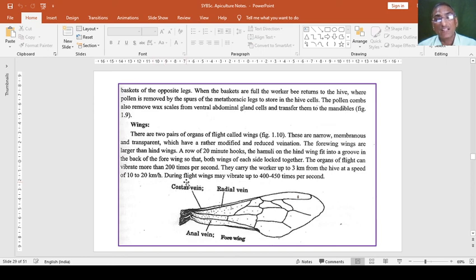And during flight, wings may vibrate up to 400 to 450 times per second. So this is a very active and fast movement of the bees for flight.